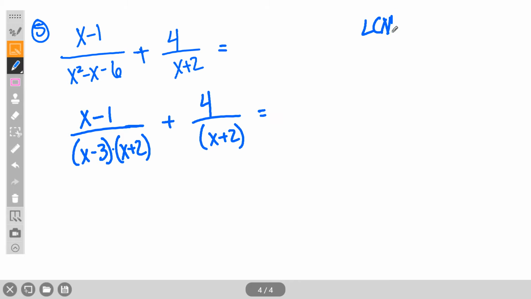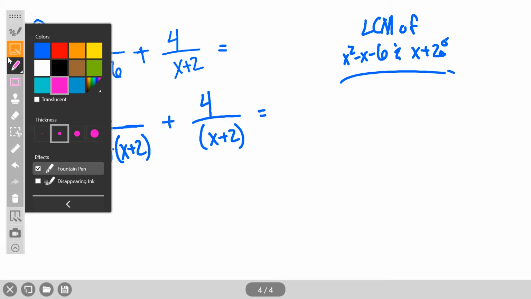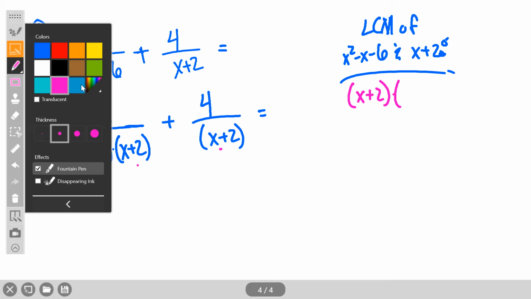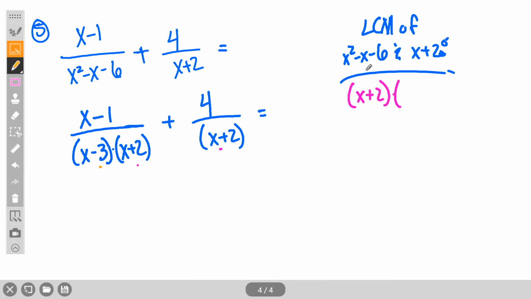So we're looking for the LCM of x squared minus x minus 6 and x plus 2, which will be the factors they have in common, x plus 2, multiplied by the factors they don't have in common, which is the x minus 3.